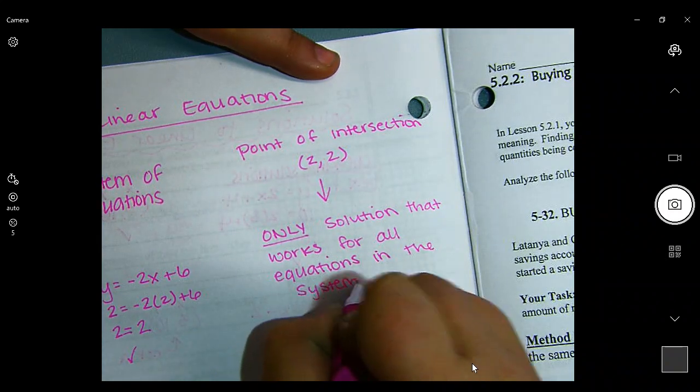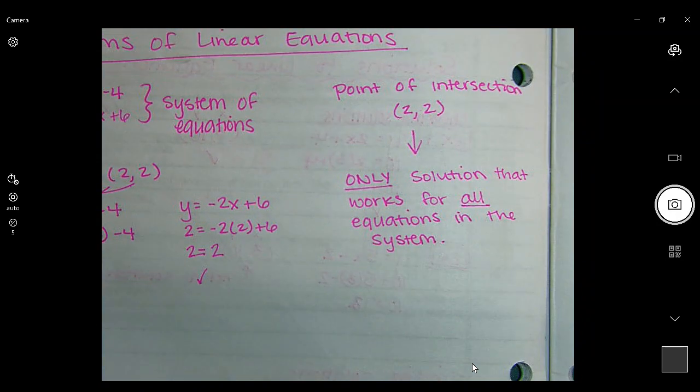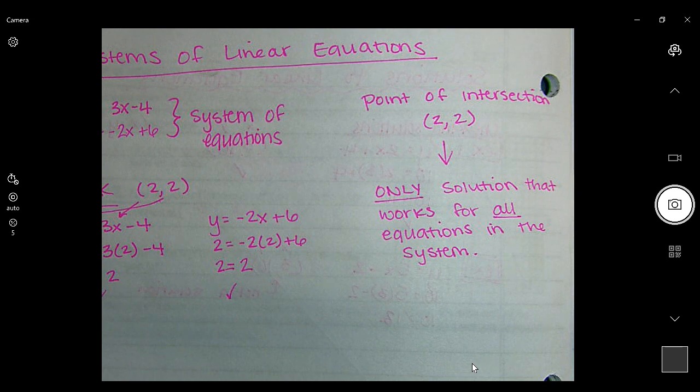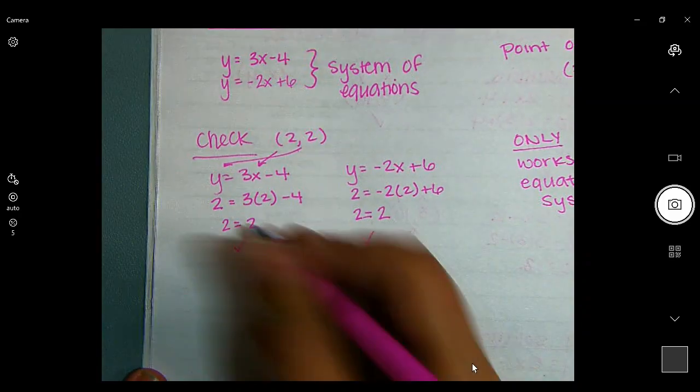And I wrote all equations, not both, because sometimes we'll have a system of equations that has more than 2 equations in it. Okay, so it's the only solution that works for all equations in the system. So let's check that out and see if it's the only solution.